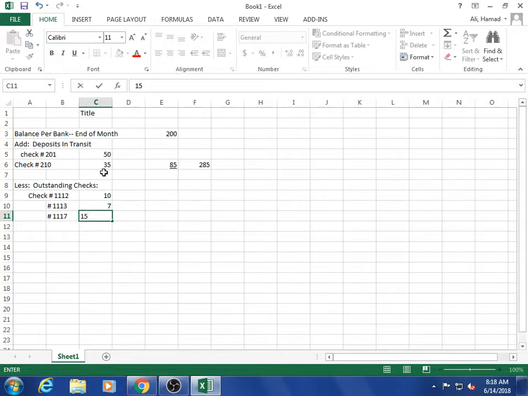These are the checks that haven't been cleared yet, and the total is $32.